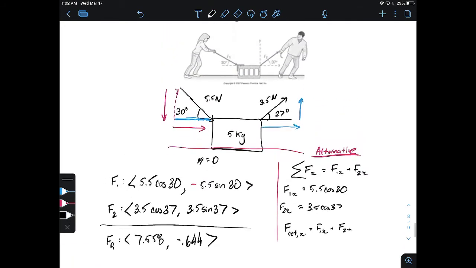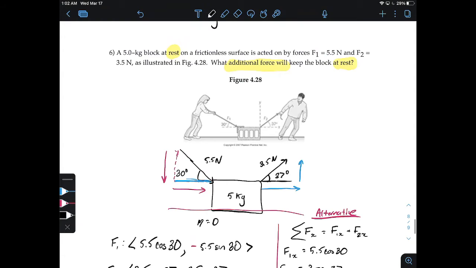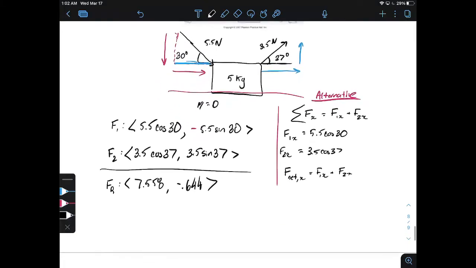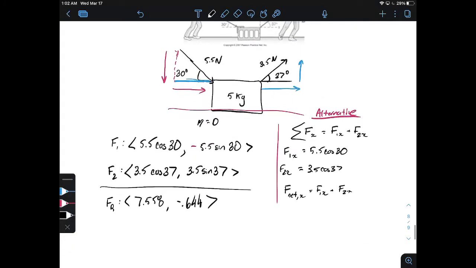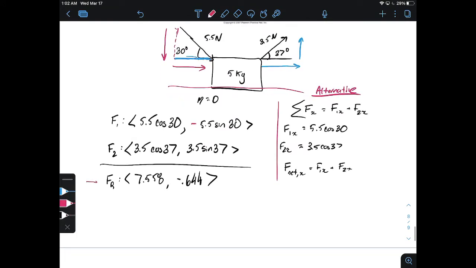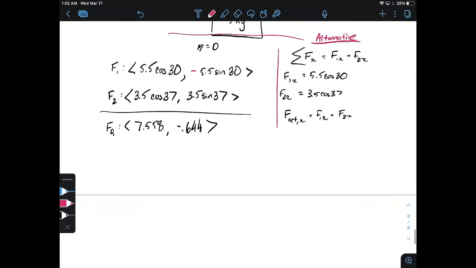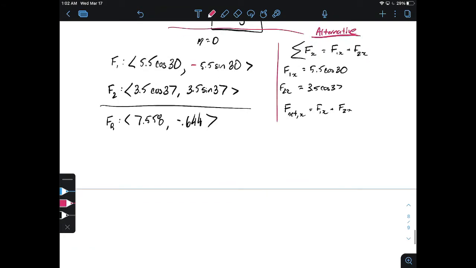Now, again, what we need to see is what additional force will keep the block at rest. So what we're going to want is, looking at the answer key, apparently they left it in this component form, but I will write it alternatively just because.